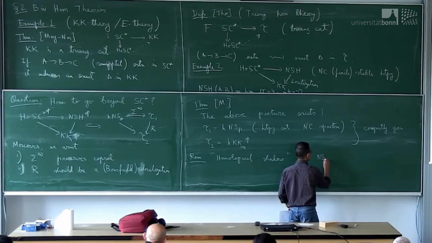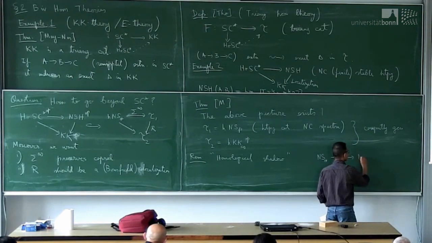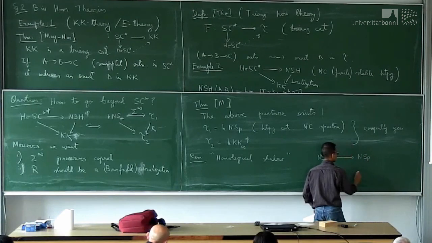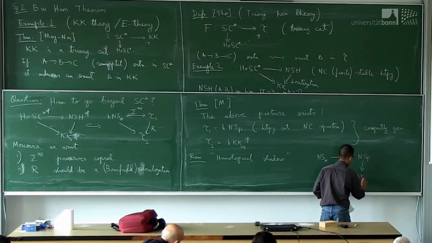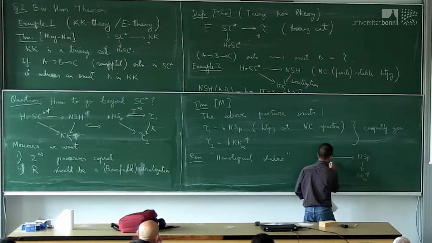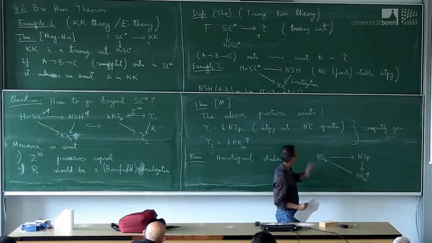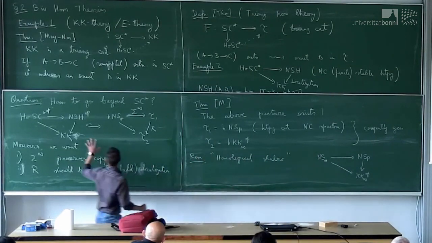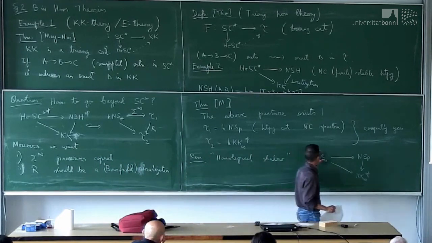Instead of going to the homotopy categories, you directly stay at the level of infinity categories, and then you have a diagram like this, and this goes to something that I would call KK infinity op. And there is a commutative diagram. If you apply homotopy categories to this thing, then you arrive at that. And this is the fundamental diagram.